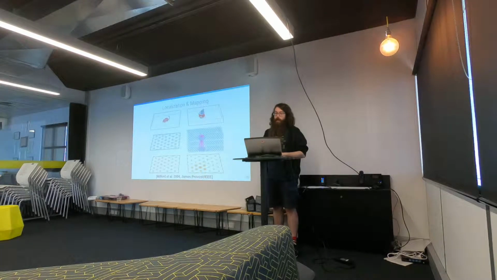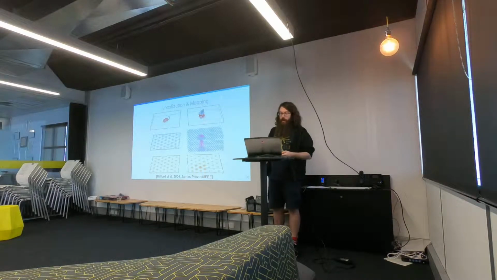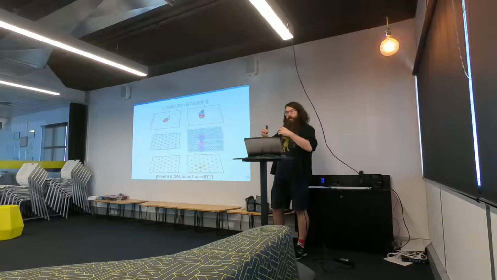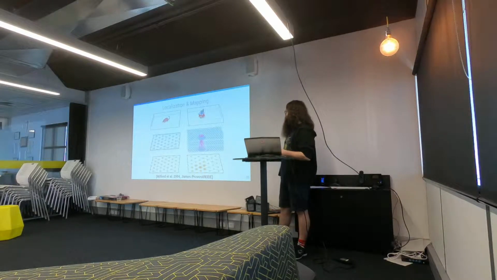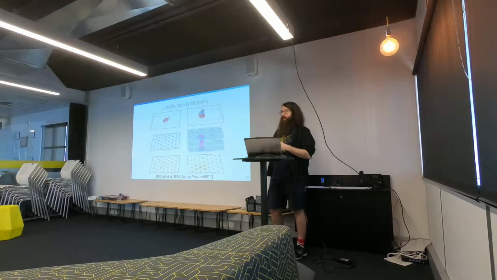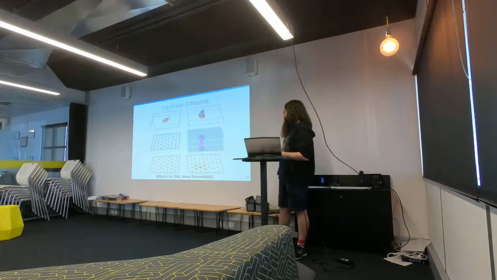And in the RatSLAM work, this has been effectively modeled inside of a robot for robot navigation by using an analogous procedure. So we have this grid of cells, which represent hypotheses about where the agent might be and what the orientation of the agent might be. And over time, this activity packet moves around based on local sensing and vision.